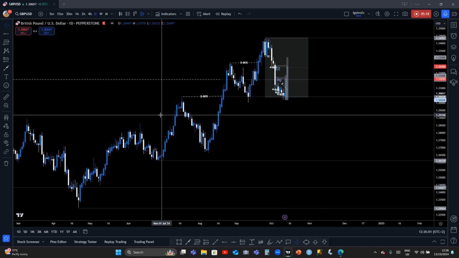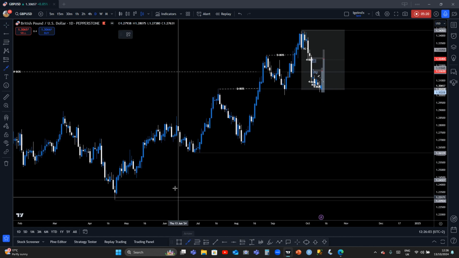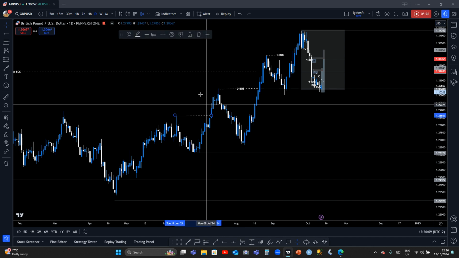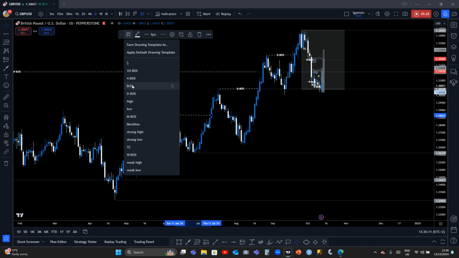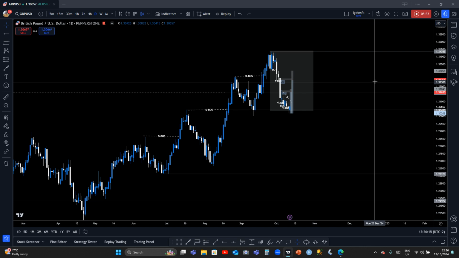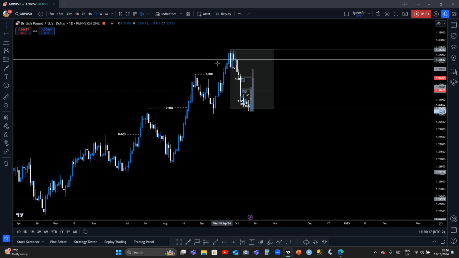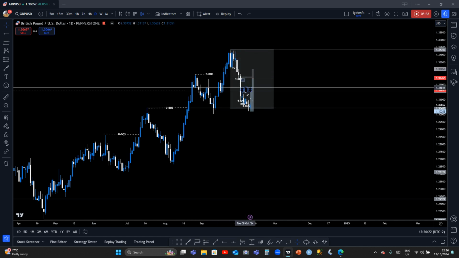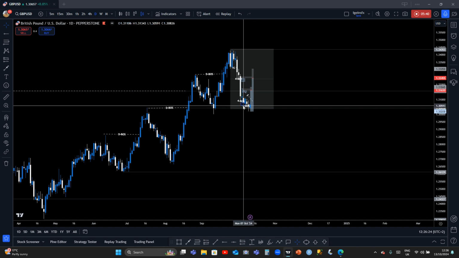On the daily time frame, you can see break of structure to the upside, break of structure to the upside, another break of structure, another break of structure. Now, this is the last break of structure and price is pushing down.